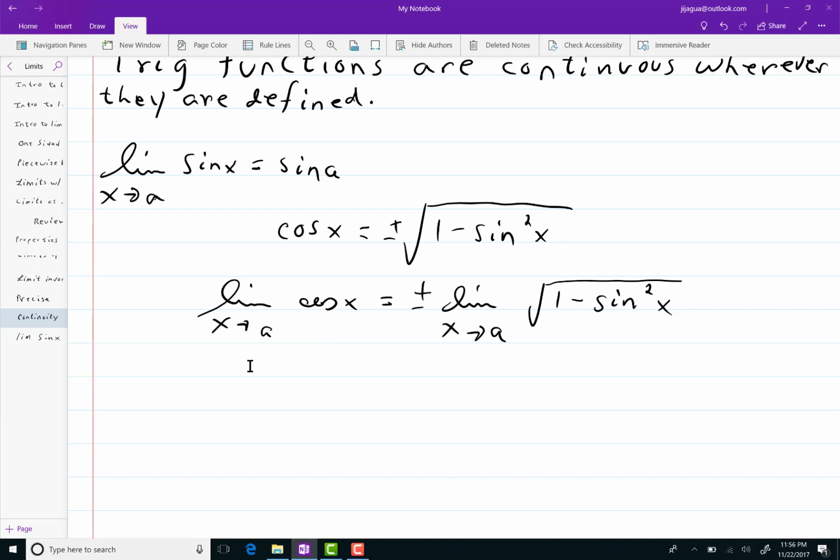And of course, assuming we're not dealing with anything that's going to be negative, and that's impossible since the biggest this piece can be is 1, so it's not going to be negative. But I did for roots also, you can slip the limit process to the inside of a root.